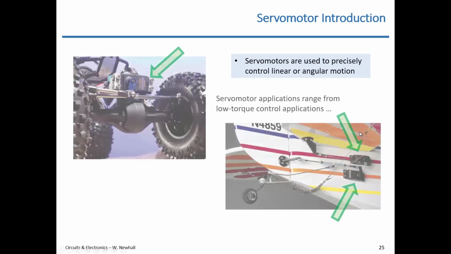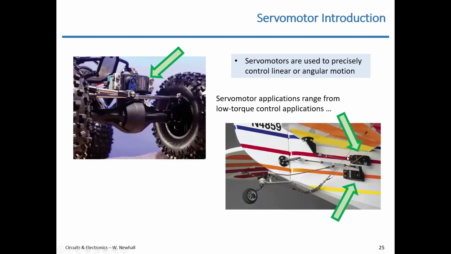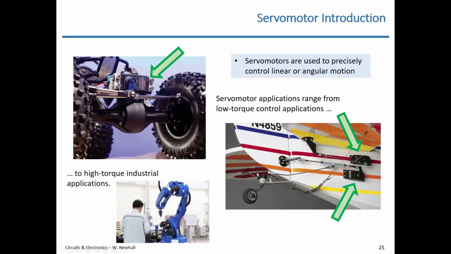Servo motors are also used to control angle and linear motion, but they operate in a different way compared to stepper motors. You'll see small servo motors on RC vehicles, radio controlled vehicles, radio controlled aircraft. You also see large servo motors in industrial applications. So they span a wide range of torque.